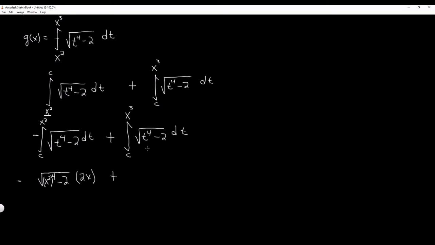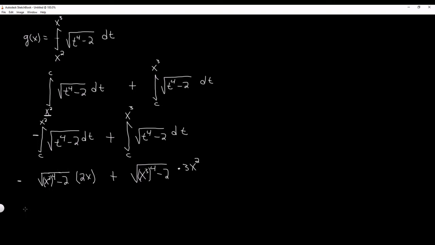Plus, if we replace all t's with x cubed, we will get left with x cubed. Can't forget we're raising it to the 4th power, minus 2 times the derivative of x cubed, which is 3x squared. And we're done. We just got to simplify this. So we'll move 2x out to the front.